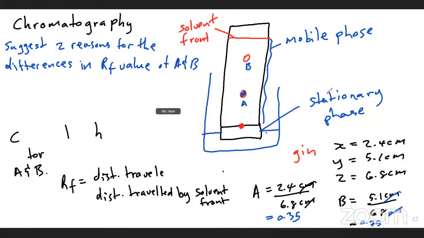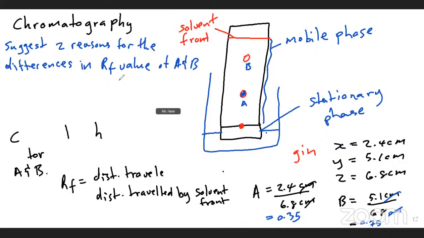Now, if they are attracted, it means that they have to have something in common in terms of their polarity. So remember, when we did solvent extraction earlier, water is polar. If the solute you put in the separating funnel is polar as well, most of it will be in the water instead of the non-polar layer.